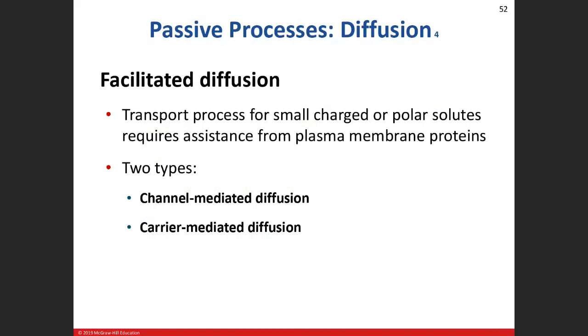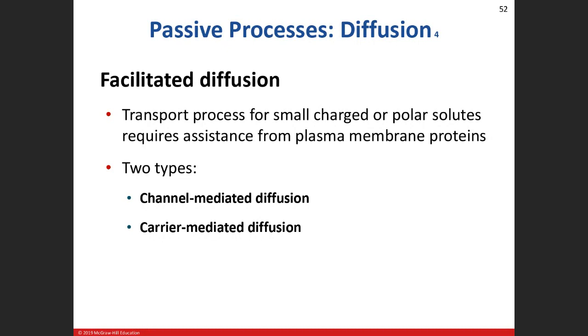The second type of diffusion is facilitated diffusion. Now remember what I said before. What about the other things that are outside of our cells? What if something's big or polar?